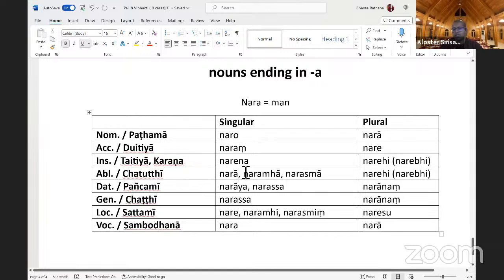Instrumental, tatiyā: narena, narehi, narebhi. Ablative, pañcamī: narā, naramhā, narasmā, narehi, narebhi. Dative, catutthī: narāya, narassa, narānaṃ. Genitive, chaṭṭhī: narassa, narānaṃ. Locative, sattamī: nare, naramhi, narasmiṃ, naresu. Vocative, sambodhana: nara, narā.